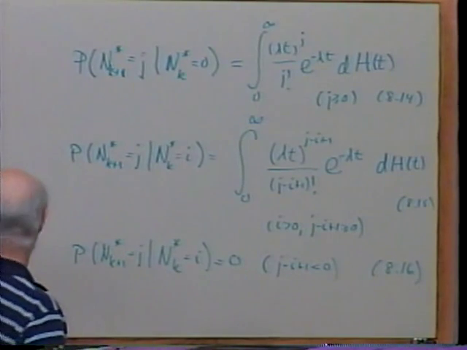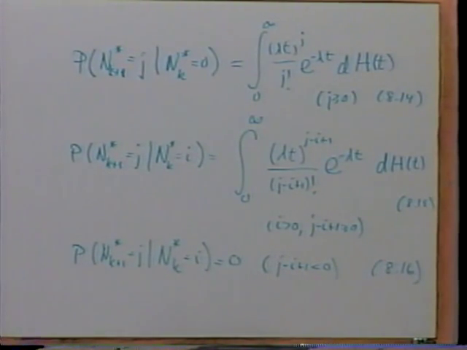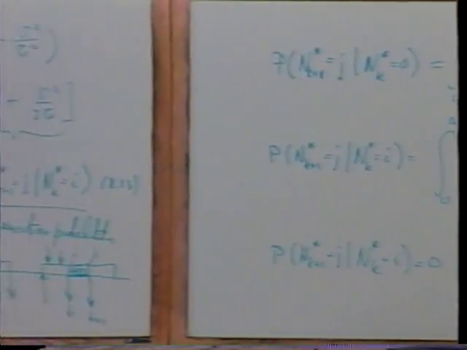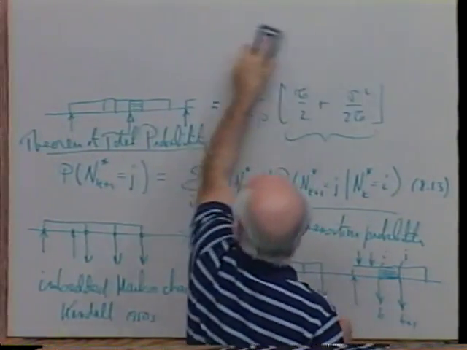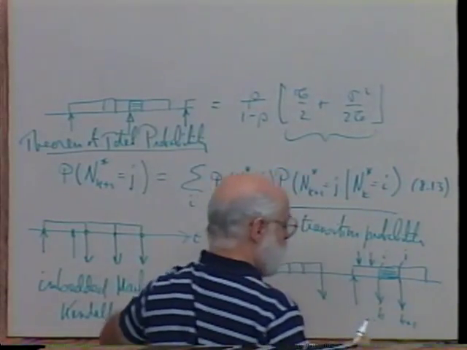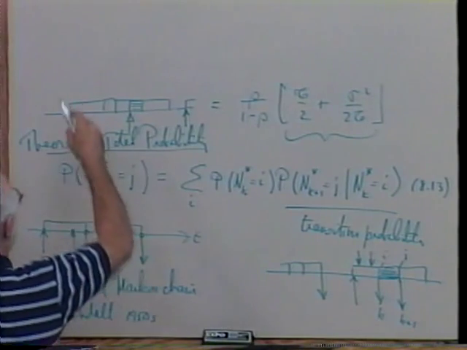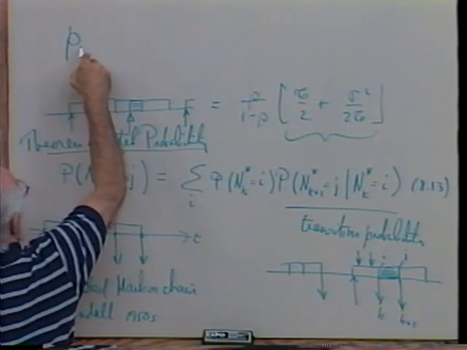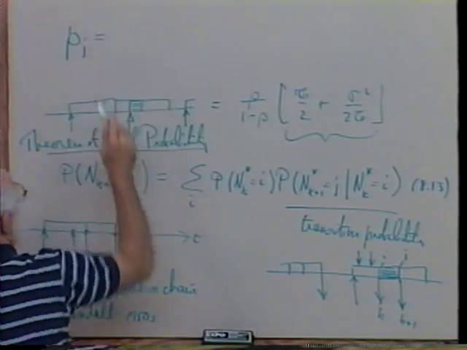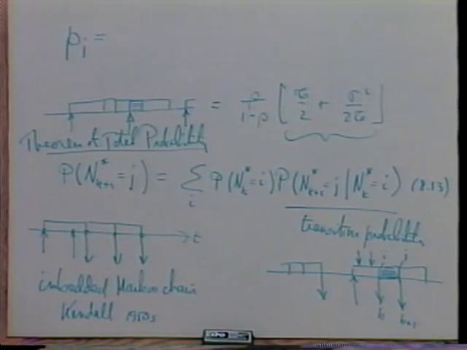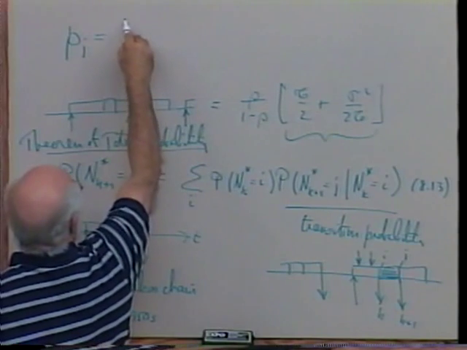But in order to do that, to simplify things, I'll get rid of this and scroll this way. What I'm going to do is define little p_j as follows. Little p_j is going to be the probability that during a service time I have exactly j arrivals.